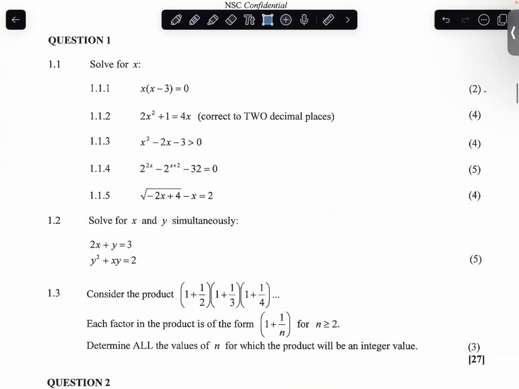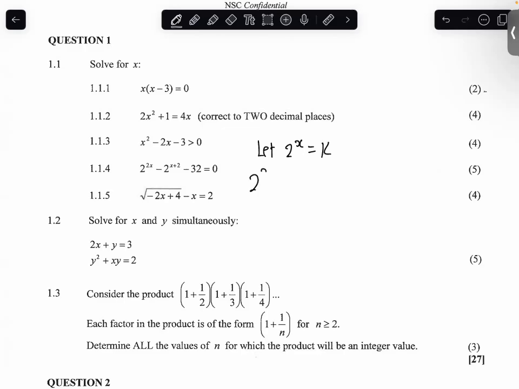Then we have 2 to the 2x minus 2 to the x plus 2 minus 32 is equal to 0. Whenever you have 2 to the x or a prime number raised to a variable exponent, if you can't see it immediately, then use the k method. So you're going to let 2 to the x equal to k.